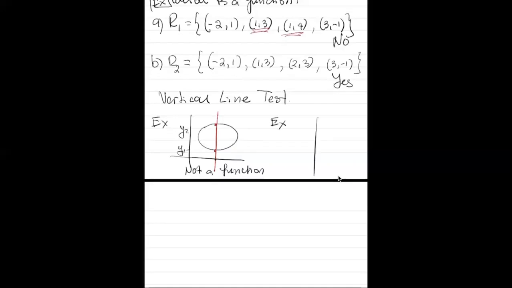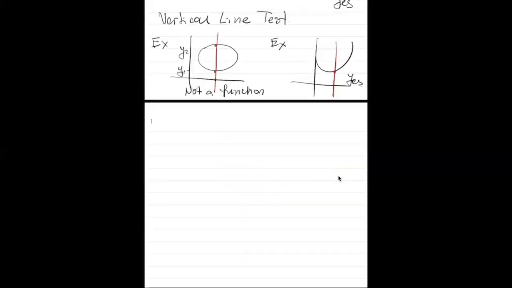Now, if I have a graph, let's say a parabola, and draw a vertical line, it hits exactly 1 point, so yes, this is a function.